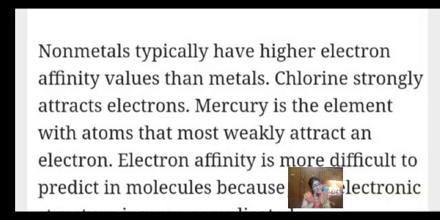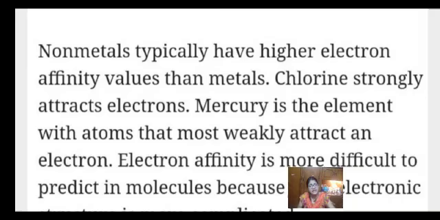So as the number of shells increases while we move from top to bottom in the periodic table, the attraction between the positive nucleus and the outermost electron decreases due to shielding. That is why, while we go down from top to bottom in a periodic table, the ionization energy or the electron affinity decreases, but the reverse happens when we move from bottom to top.